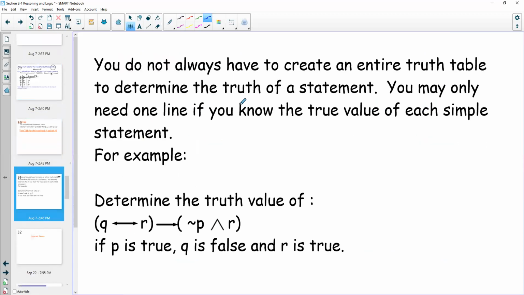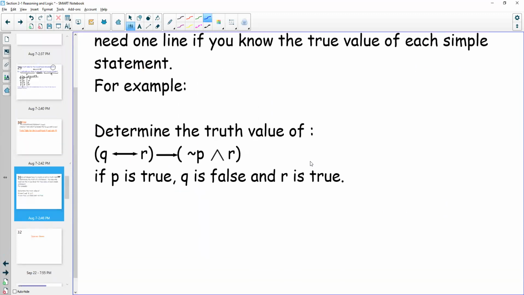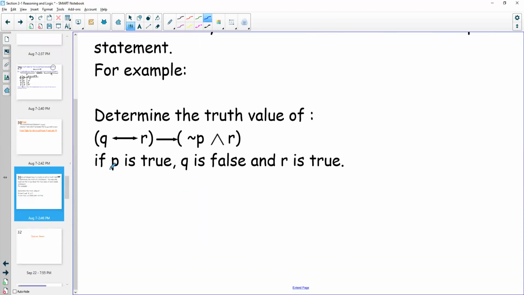All right. Remember that you don't always have to make an entire truth table to determine the truth of a statement. You can do one piece at a time as you need to. Sometimes you get enough to start with. So for example, if I know P is true, Q is false, and R is true, then I can figure out some things.